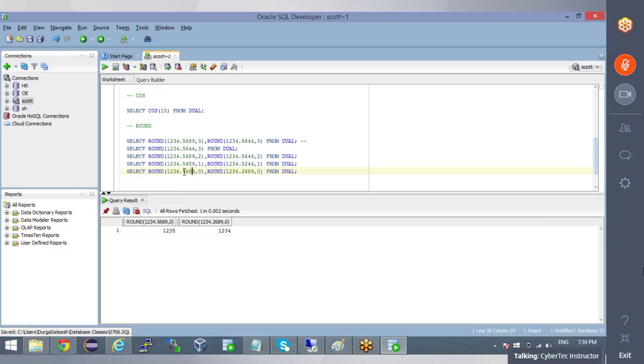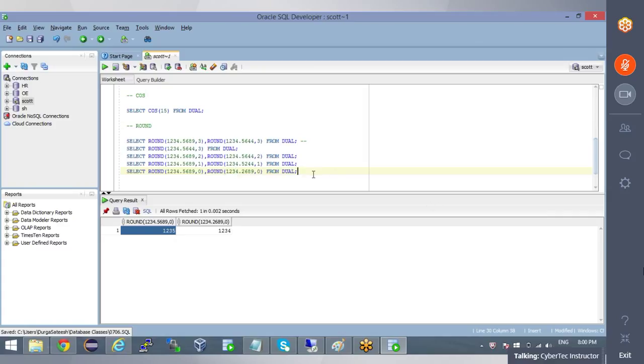You're concentrating on the first digit after your decimal. If the value is greater than or equal to 5, then increment the preceding value. The preceding value is 4, so you'll be incrementing it by 1. So it comes as 5, so 1, 2, 3, 5. Now here in the second situation, the very first digit after the decimal is less than 5, so you'll not be taking any action over the preceding value. So it would be 1, 2, 3, 4.